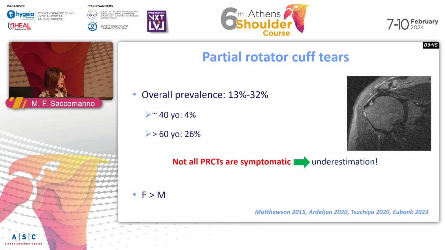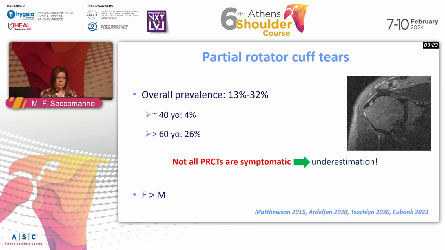So, partial rotator cuff tear. As we already saw in the previous presentation, we learned a lot about the natural history. Focusing on partial rotator cuff tear, we can say that for sure, when we look at the prevalence of these tears, there is an underestimation because not all partial tears are symptomatic at the beginning.